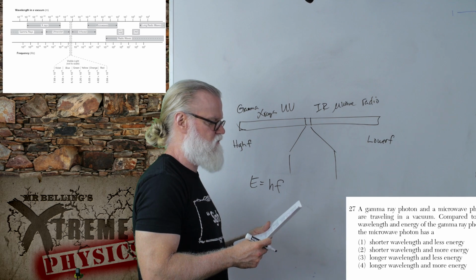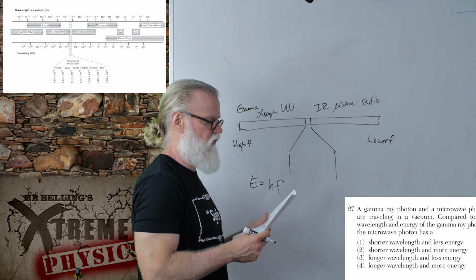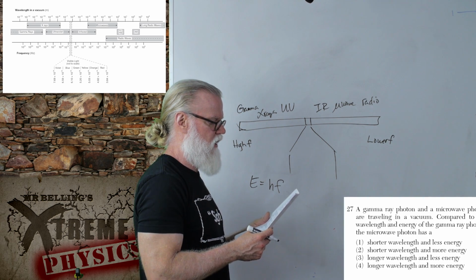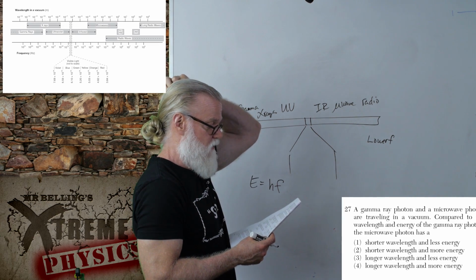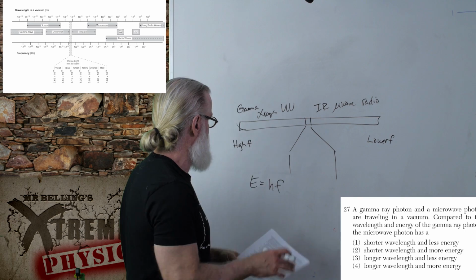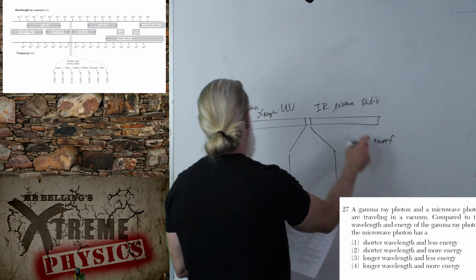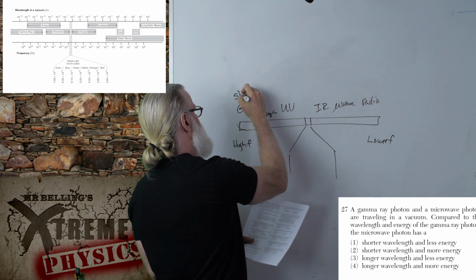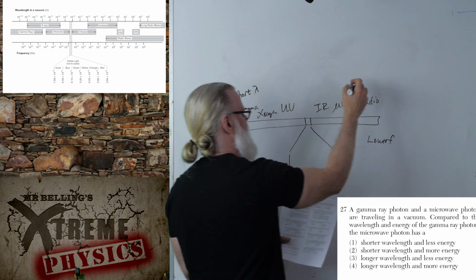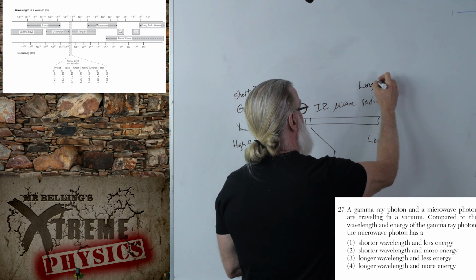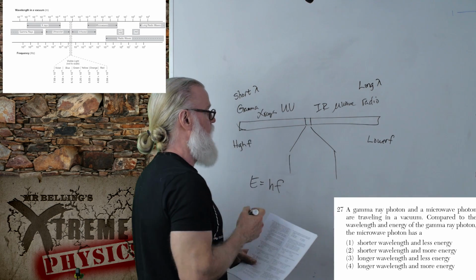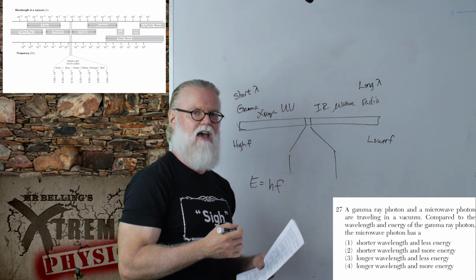What's the question? A gamma ray photon and a microwave photon travel in a vacuum. Compared to the wavelength and frequency of a gamma wave photon, the microwave... Oh, the one thing that is the same. So we have high frequency, low frequency. This means we also must have short wavelength, and you can see that on the reference table. Short wavelength, long wavelength. But what is the same for all of these in a vacuum?